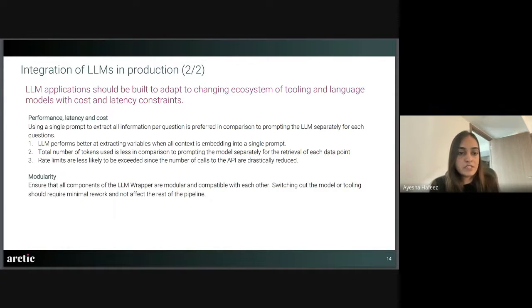So through experimentation, we noticed that using a single prompt to extract all the organization-defined parameters within a single user response worked out better, both in terms of performance and in terms of how many calls you're making to the LLM service, rather than having separate individual calls for each entity or each defined parameter that you wanted to extract. So this also reduced the total number of tokens and, as an extension, the cost of using the LLM.